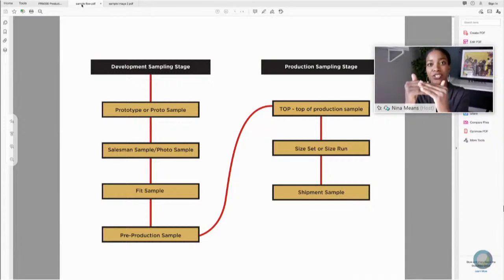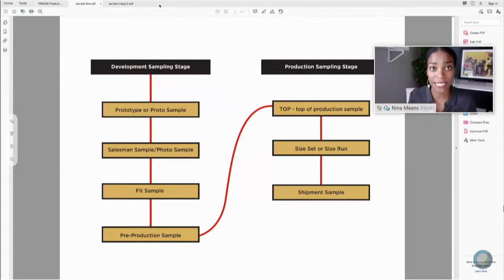But you'll have to make sure that you communicate very clearly with your factory, because everyone may have a different way of processing their workflow. And so, minor tweaks. I'm not talking major changes. Most places have a similar order of operations, so to speak. But I would make sure that you're clear.